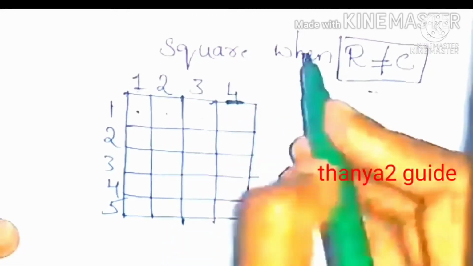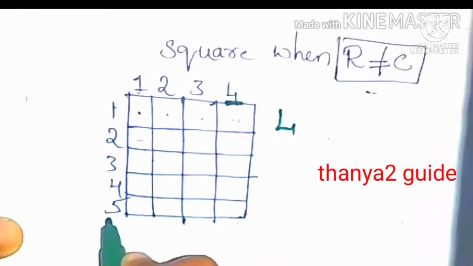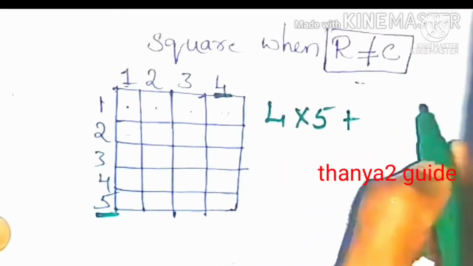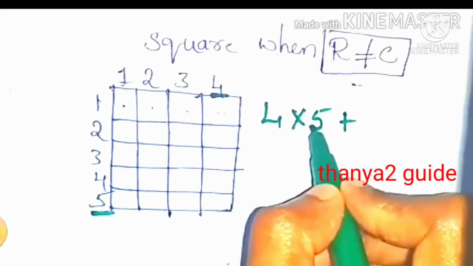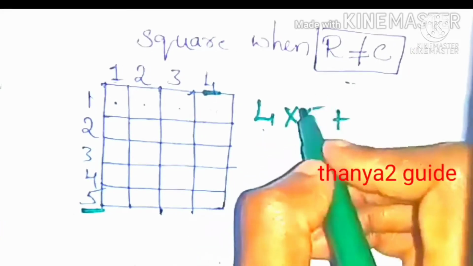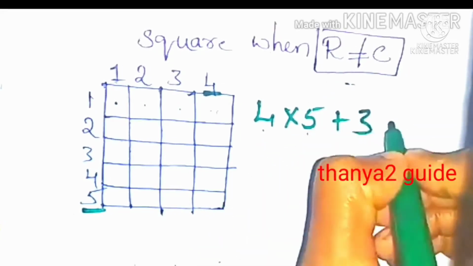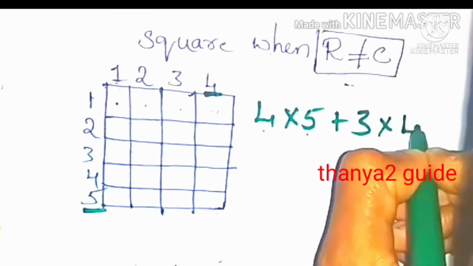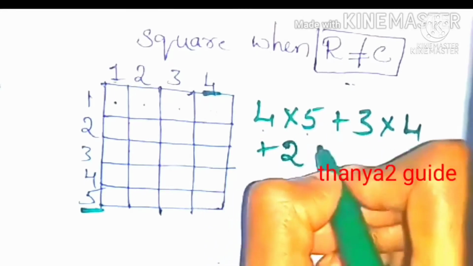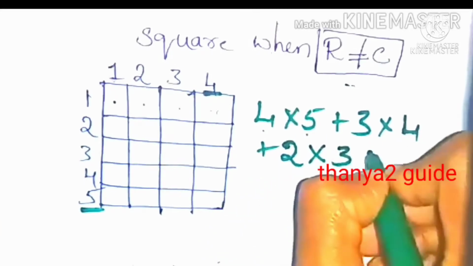Take the highest from the columns, that is 4, and the highest from the rows, that is 5. Now subtract 1 from each of these two terms. From 4 subtract 1, that is 3, and from 5 subtract 1, that is 4. Next, from 3 we get 2, and from 4 it is 3.